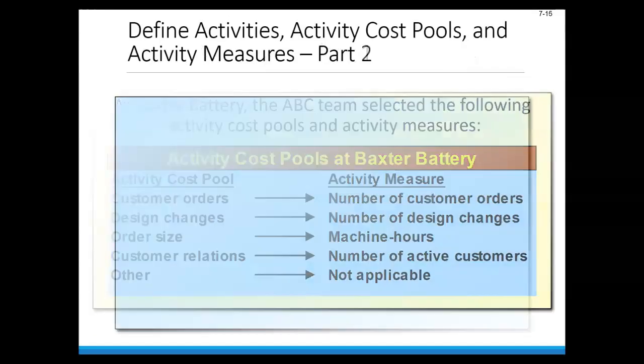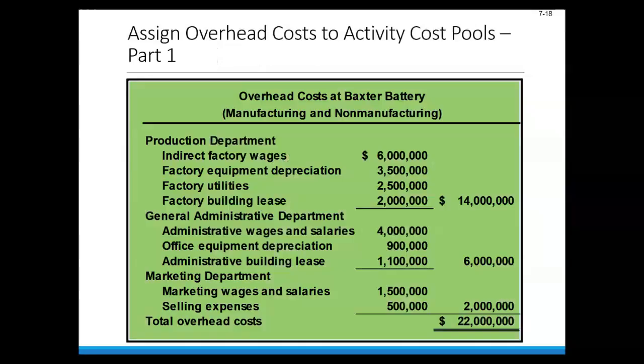So that's on the external side. But when we flip over here to the activity-based costing, again, notice what happens there. I wish they had given it to us in a slightly different way, but notice what's happening there. We're tying out the production department. There's that $14 million, right, from that previous slide. There's the $6 million from the general and administrative department, and there's the marketing department for $2 million, right?